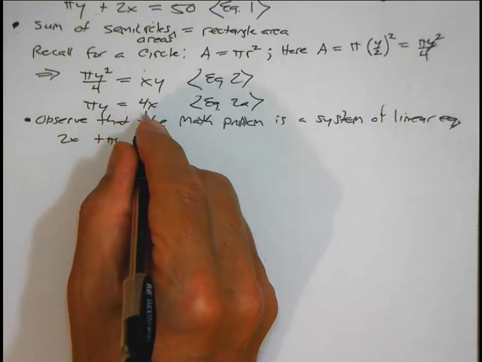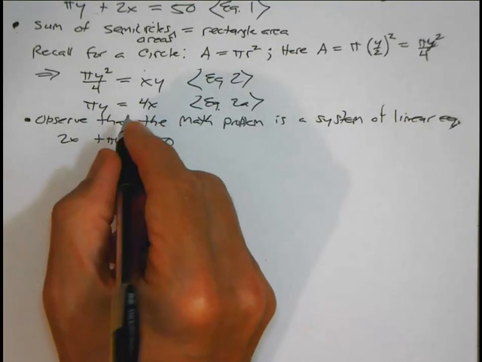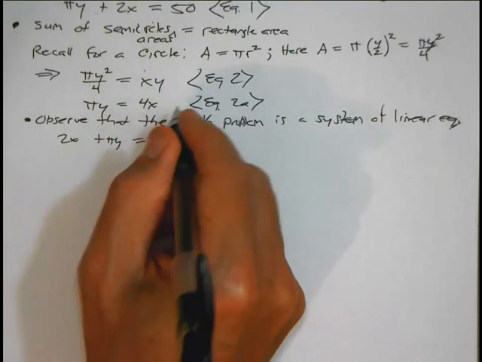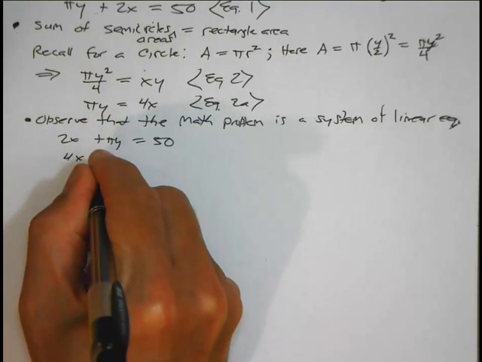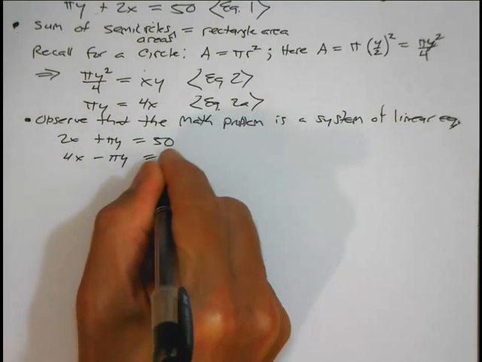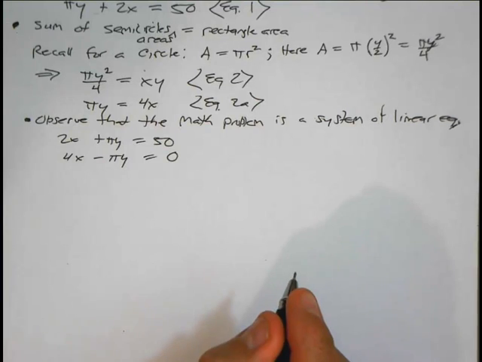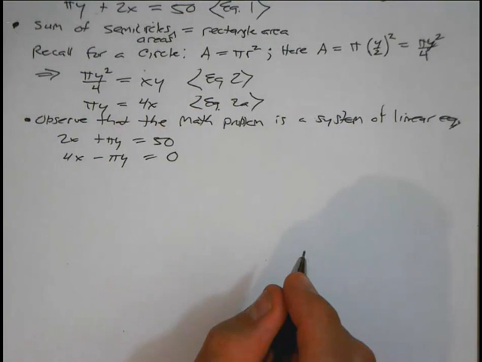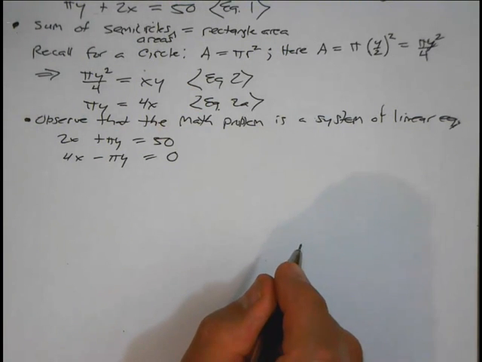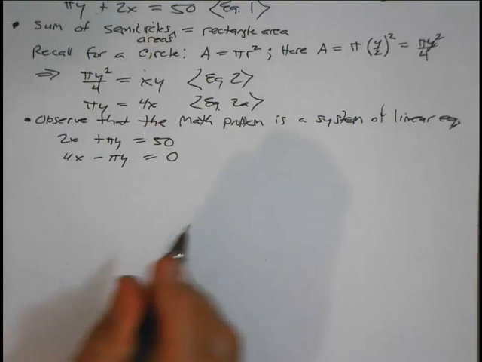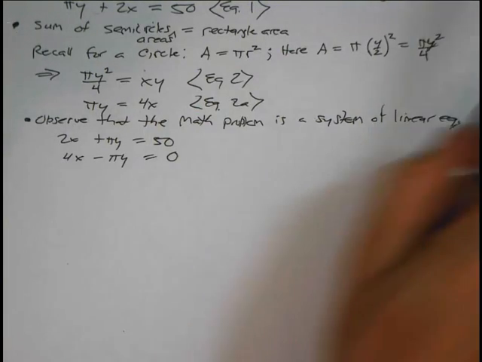Let's put it in standard form too. So then we could have 4x minus pi y equals 0. And at this point, it looks like this would be really easy to do manually. It's because the elimination is just ready and waiting for us. At least the first part.